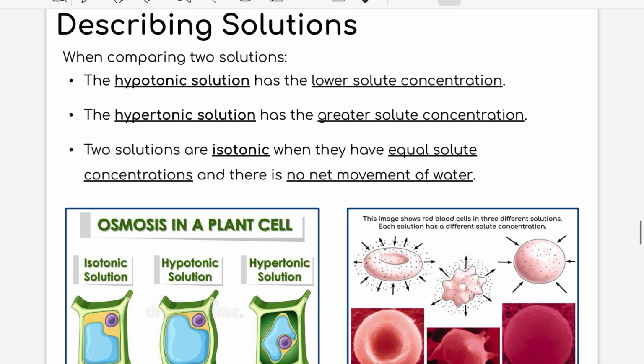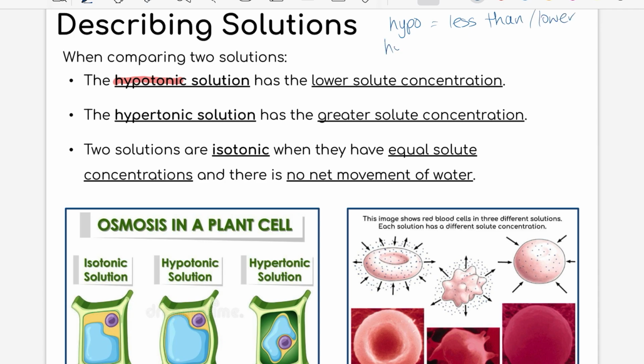So when you're comparing two solutions, the hypotonic solution has the lower solute concentration. Okay, hypo means less than, or lower.